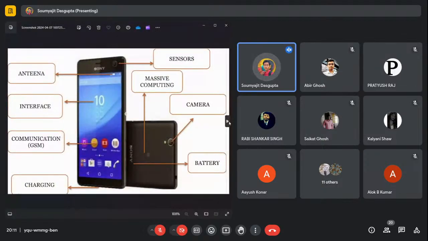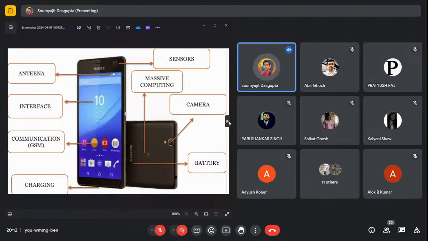Now you can think about what might come under the CubeSat, like what kind of sensors and what kind of structure it has. If I compare a CubeSat with a mobile phone, a mobile phone has an antenna. You can't see the antenna, but inside the phone there is an antenna to receive and send data, and it has sensors.